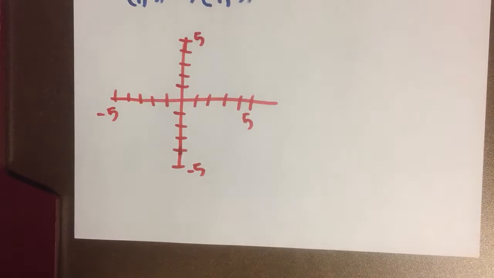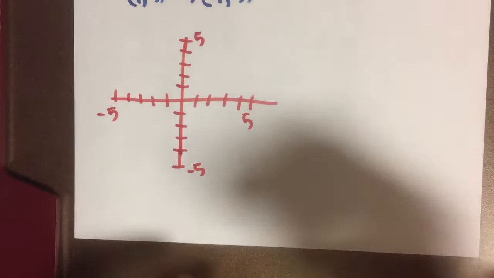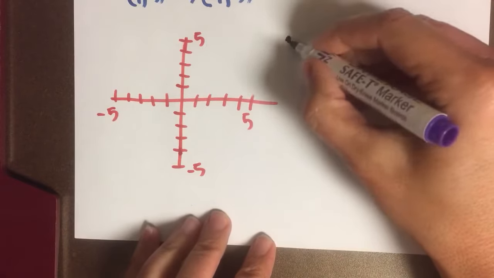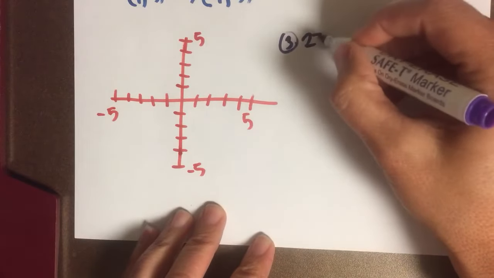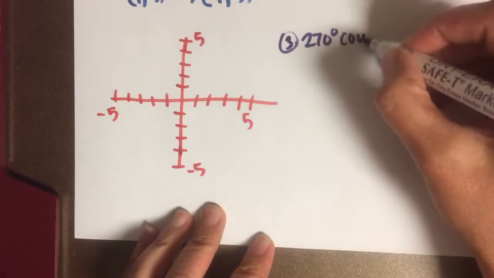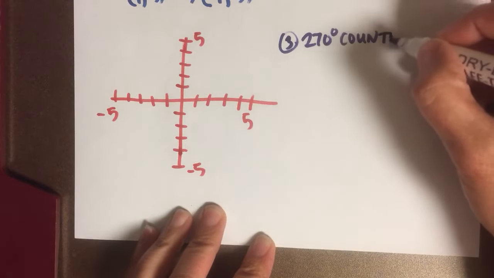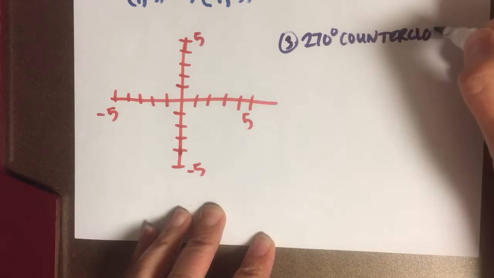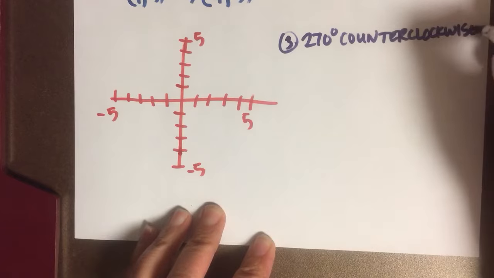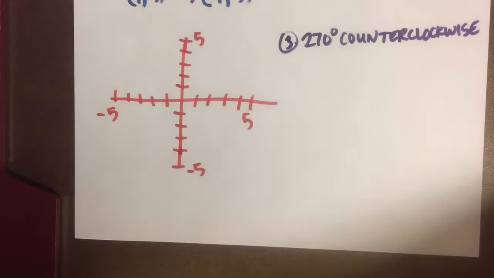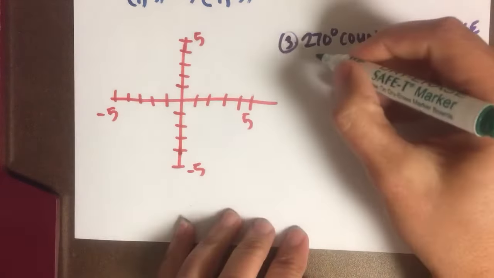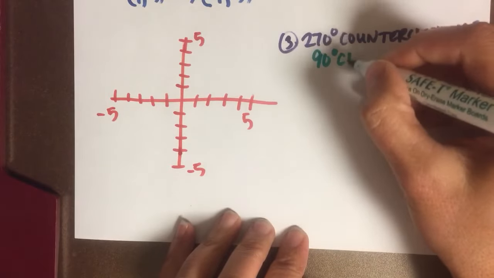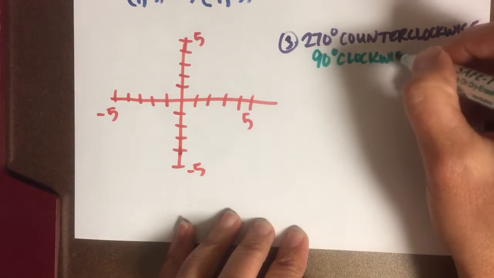So I'm going to do a 270 degree rotation now, counterclockwise. So this is the third transformation, 270 degrees counterclockwise. Now this also is the same thing as 90 degrees clockwise. Remember we talked about the sum has to be 360? This is the same thing as a 90 degree clockwise rotation.